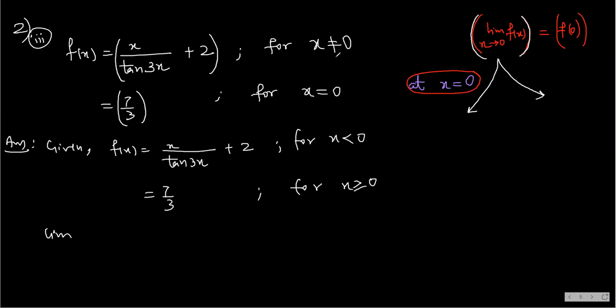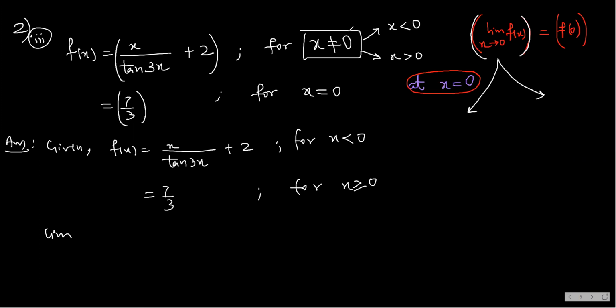In such a case, I would not have to find the left hand limit and right hand limit. Why? Because once they say that for x not equal to 0 the function is this, it means x less than 0 or x greater than 0.